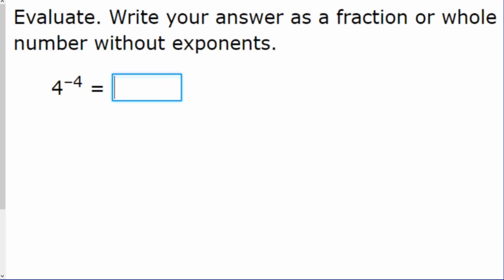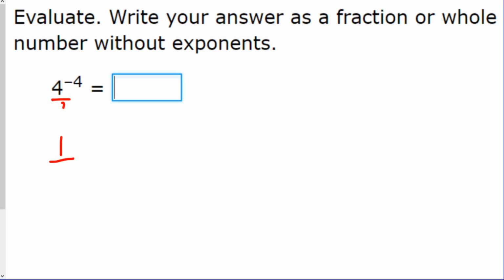All right, so let's do another one. It just happens to be the same base, different exponent. So when you have a negative exponent, you move it to the other side of the fraction bar. You can think of it as just flipping it over, because technically all whole numbers are fractions if you put them over 1.